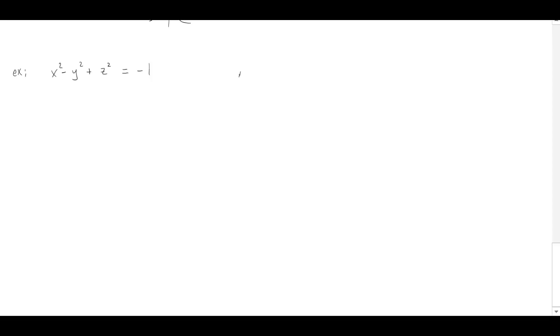Okay, so again, as I was saying earlier, I look for circular or elliptical level curves, or surfaces, or traces.